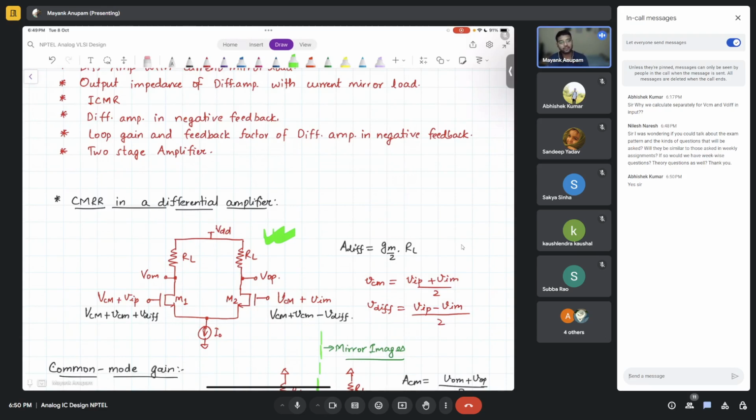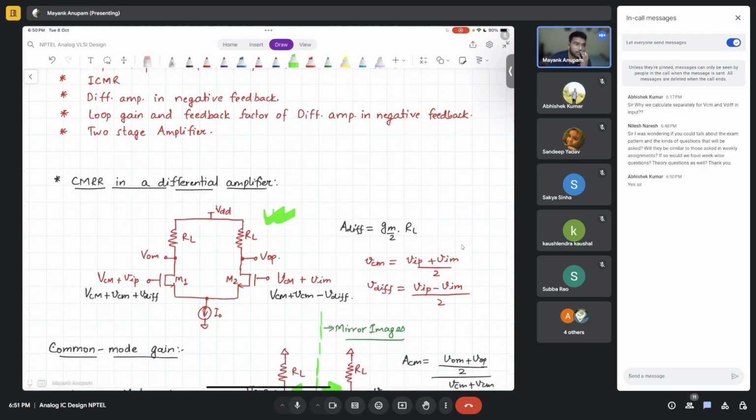If the difference is something which should be sensed by the differential amplifier, that should be amplified. That is why we do it in that manner, because we want to separately understand how the circuit behaves for the common mode and the differential mode. So does that answer your question? Yes, sir. Thank you.